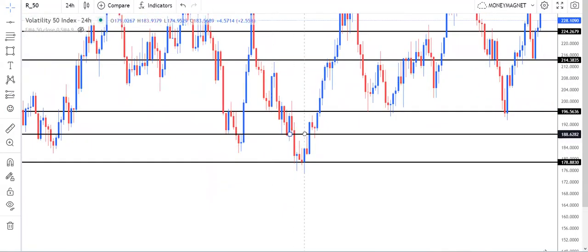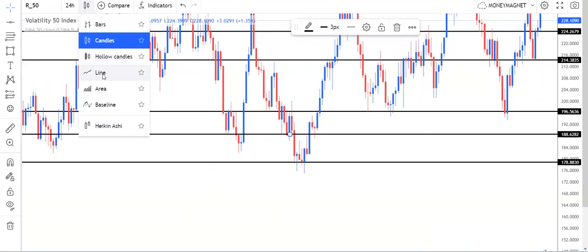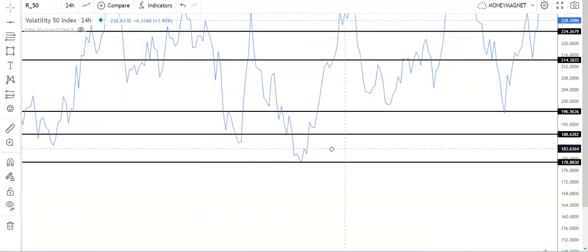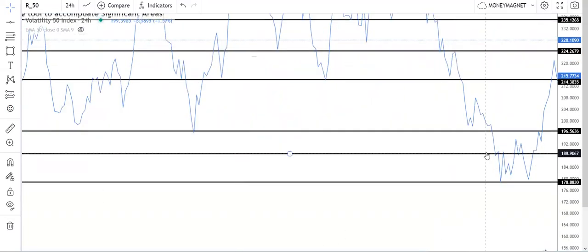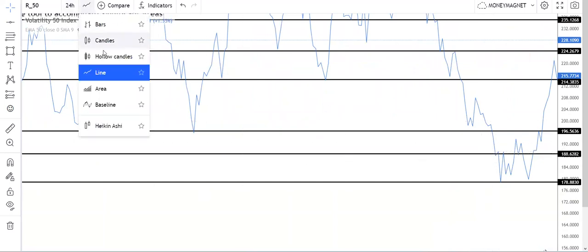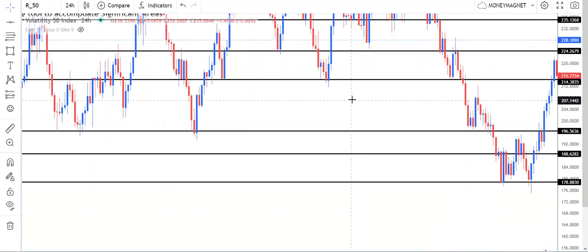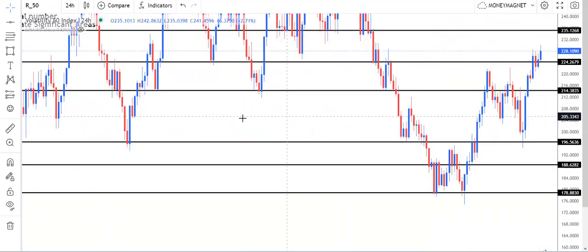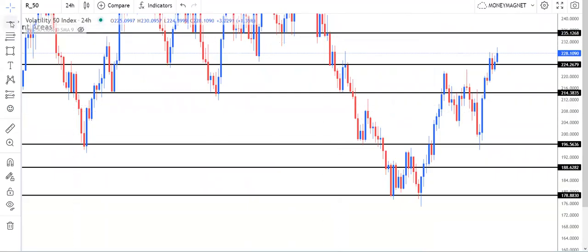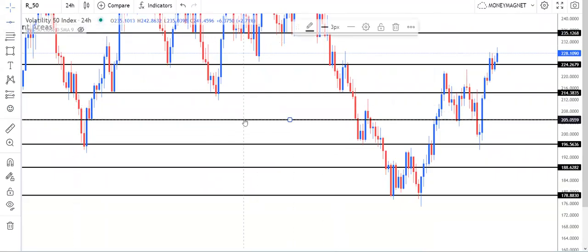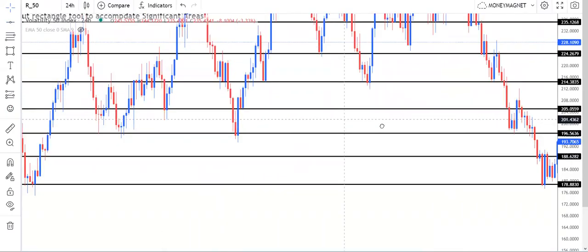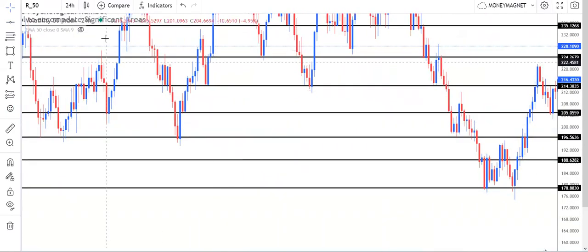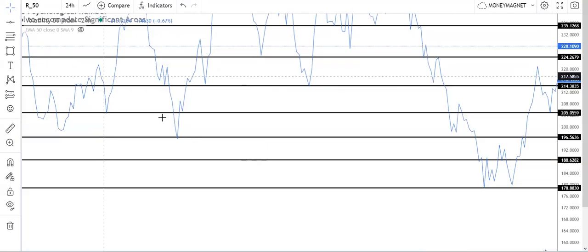All right, let's leave this right here for now. We could use this as another level. Yeah, that looks precise enough.